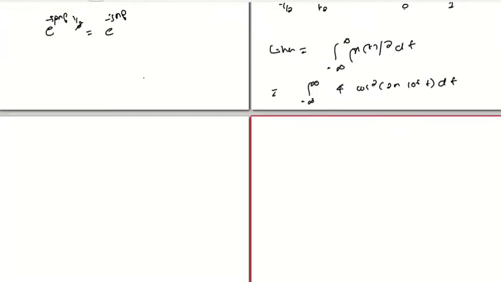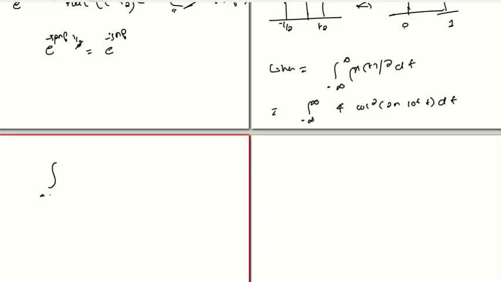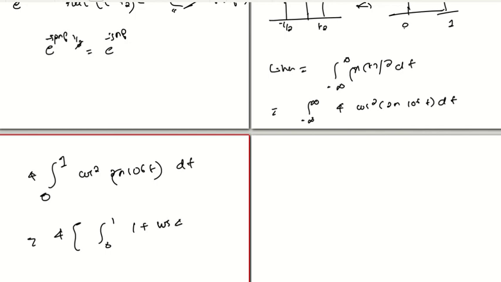So we will get, actually this is valid from 0 to 1 only, right? 4 into cos square 2 pi 10 raised to 6 t dt. We will calculate, instead of cos square we will write 1 plus cos 2 theta divided by 2, cos 4 pi 10 raised to 6 t divided by 2 into dt.